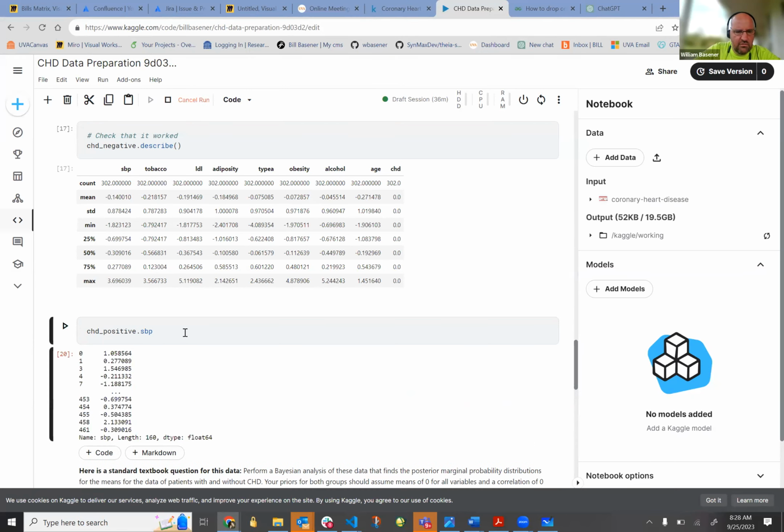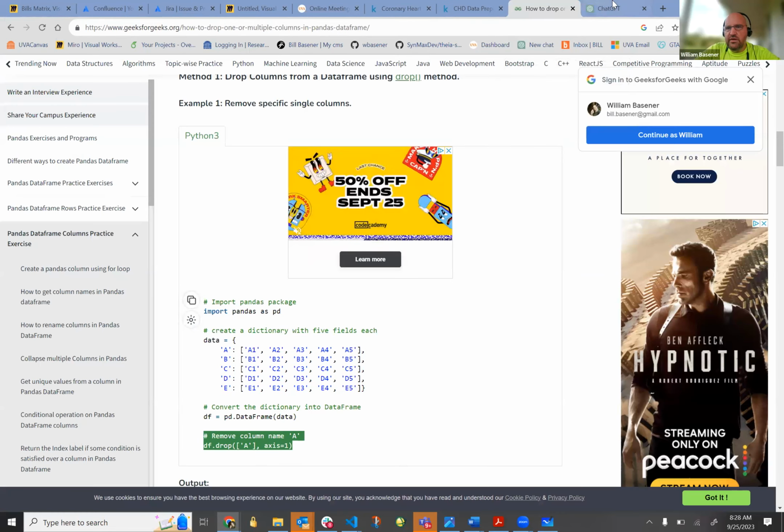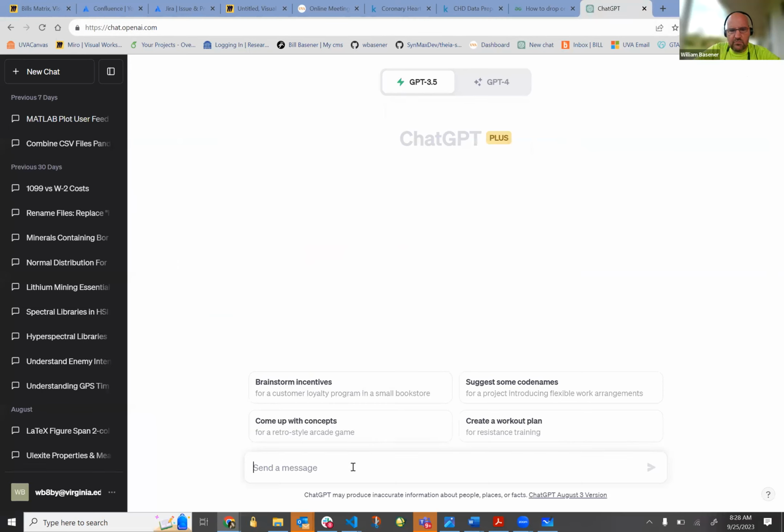I'm going to try something here. Okay, so that's this column. And I want to take a little bit more view into doing a little visualization of what we're working on. So write code to plot a histogram with KDE of the values from a single column of a pandas data frame.